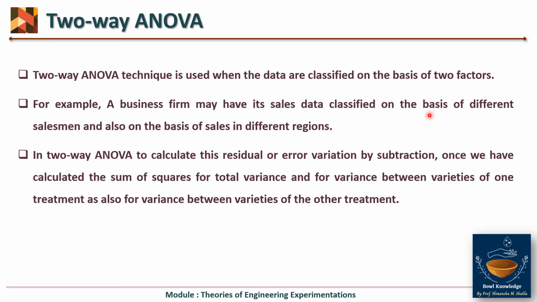We calculate the sum of squares of total variance, and the variance between the varieties of one treatment, as also the variance between the varieties of the other treatment. In this two-way ANOVA, as there are two factors, the complexity of calculation is quite more, but we hope that we will understand it well.